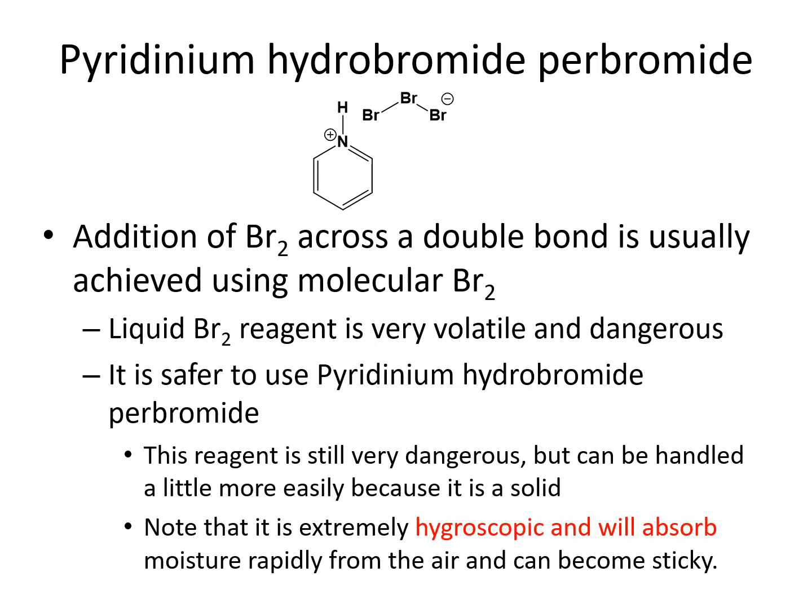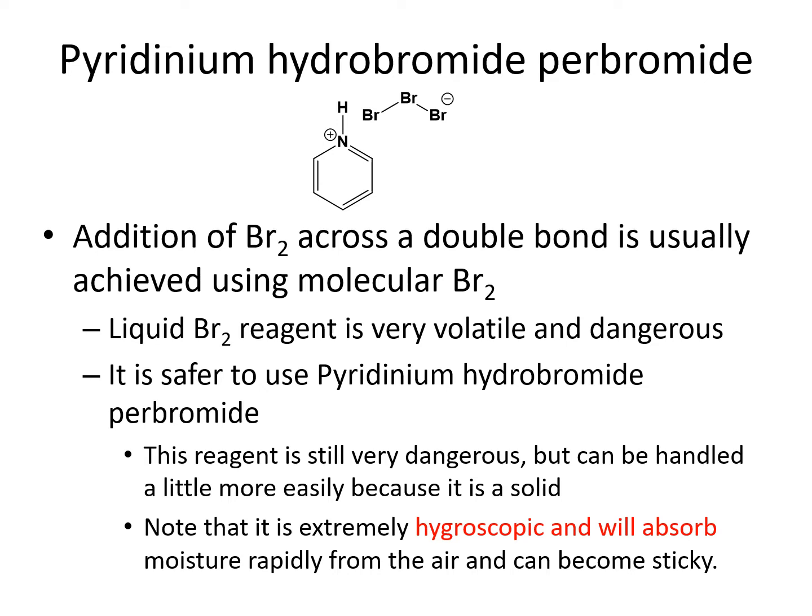But that doesn't mean that this solid compound, the pyridinium hydrobromide perbromide, is not a hazardous substance. In fact, it is a hazardous substance, and the only advantage is bromine is a liquid and has more danger than this reagent we are using, which is solid, and that's why it is a good choice.